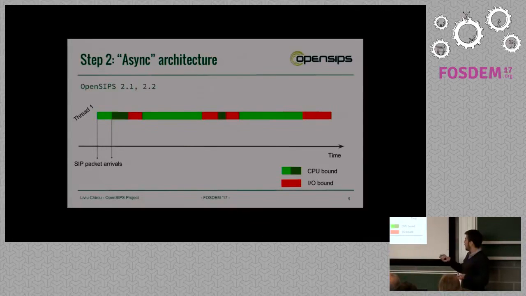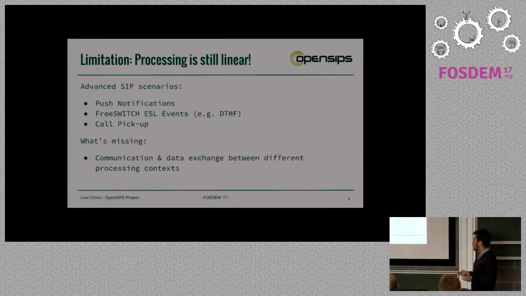So the message processing is entirely dominated, or mostly dominated, by green now. This is basically what the first releases in the 2 series were all about. And we felt that even this is somewhat not capable of solving all the issues with various scenarios.